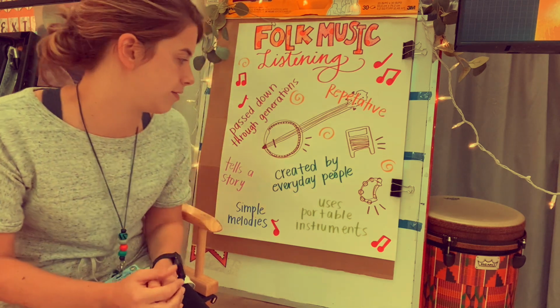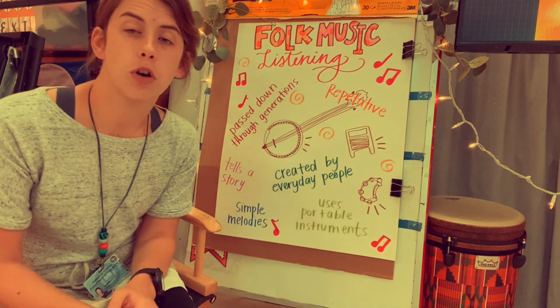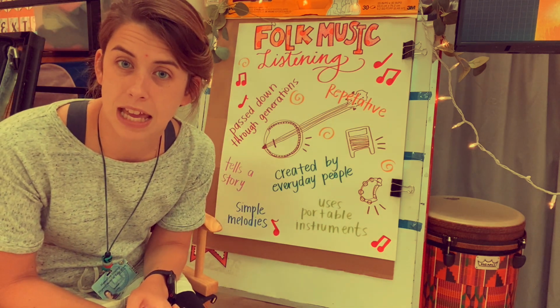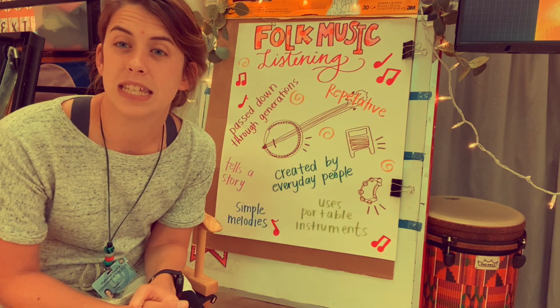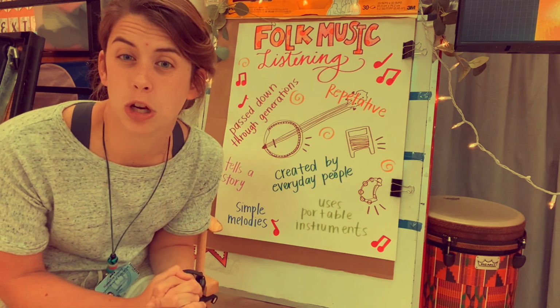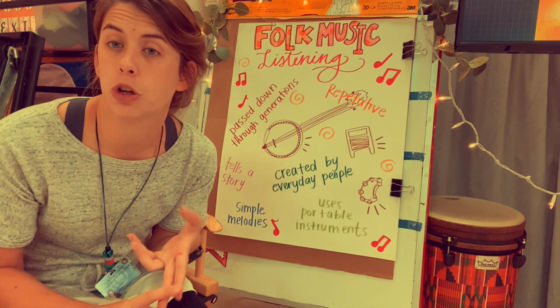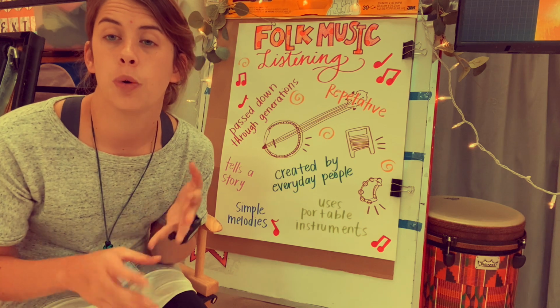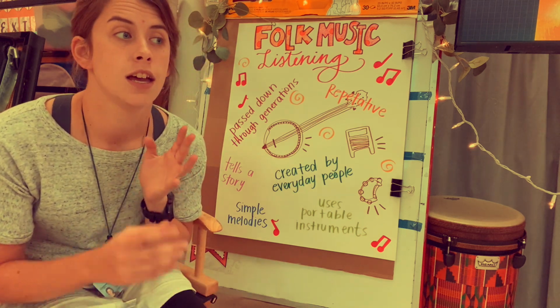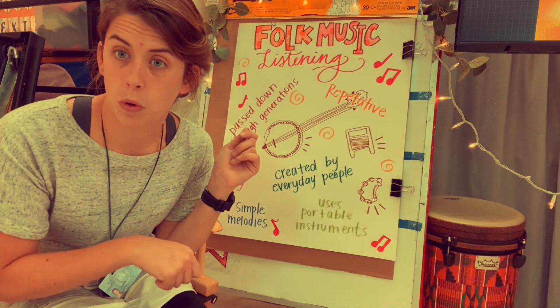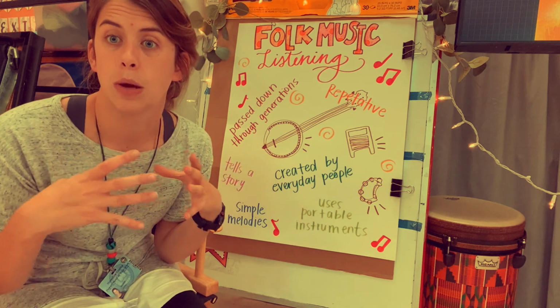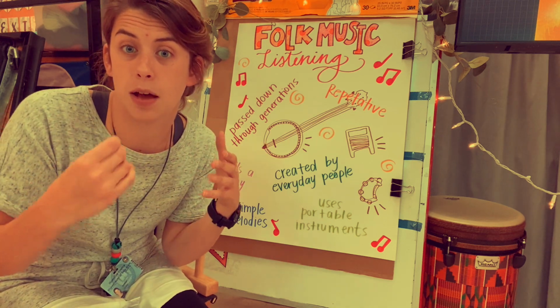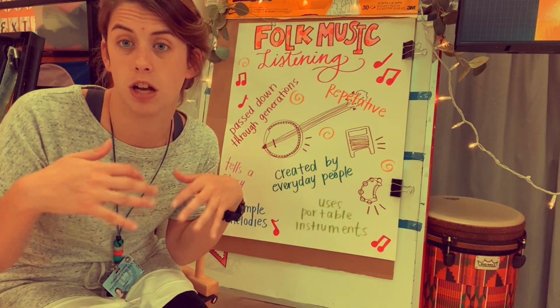Also, folk music uses portable instruments, and what that means is a lot of times these instruments, some of the main ones you'll hear, were guitar, fiddle, banjo, washtub bass, washboards. They would rake washboards. They would play jugs, like they would play brass instruments by blowing air into the jugs and creating sounds.